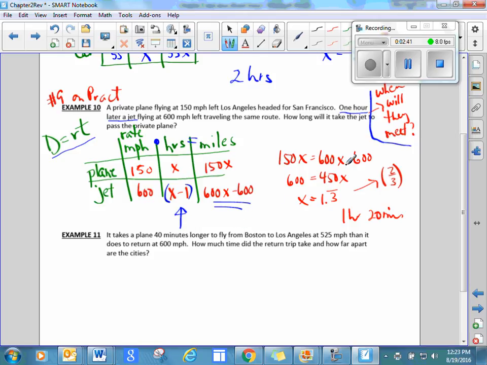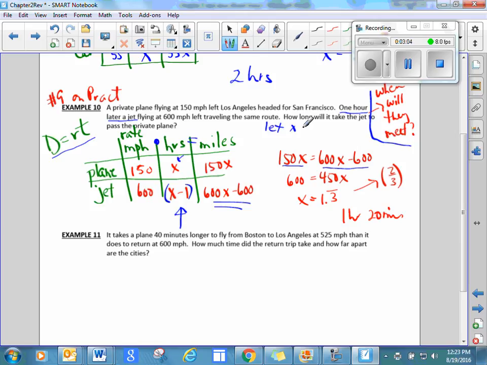We set these equal to each other because the distance is going to be the same when they meet. So the question is, this distance and this distance, we are going to solve for x. And x, I didn't write the let statement, but here's the x right here.